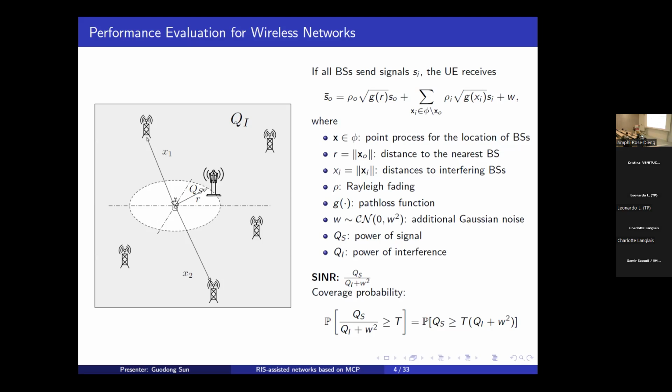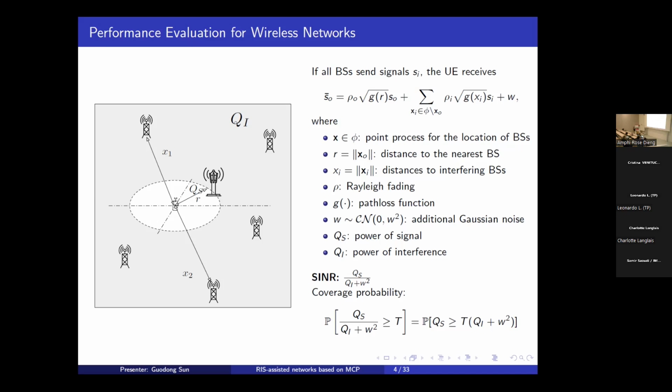Look at the equation on the left-right side. As a user, you will receive multiple signals. You will receive a signal from the associated base station, which we assume is the closest one, and you will also receive interference from many other base stations. You don't know where they are, but they are from the area apart from the nearest base station.